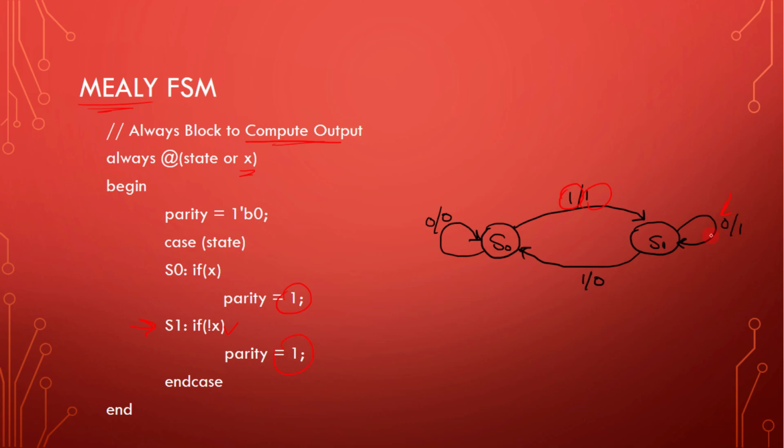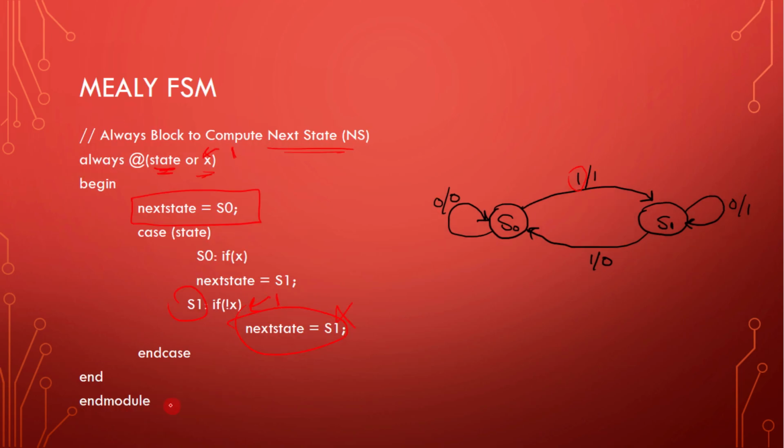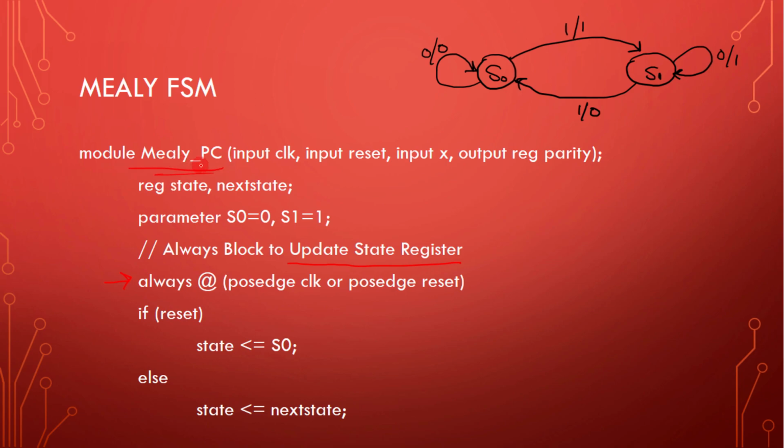So when you receive 0 at the input, your output is 1. Lastly, you put this line end module to close your implementation of Mealy type parity checker finite state machine. So this is the end of the Mealy type finite state machine parity checker circuit.